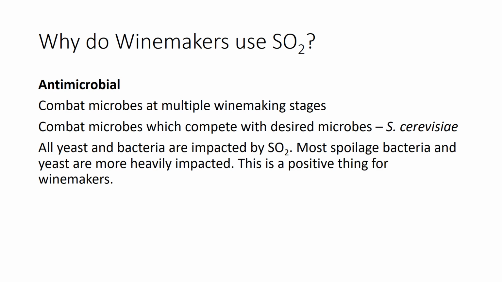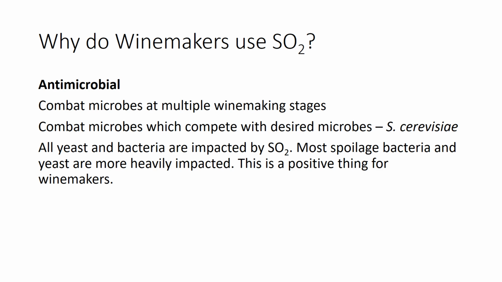So SO2 mainly is an antimicrobial compound. It combats microbes at multiple winemaking stages. Earlier in the process, it can also be used as a way of giving a competitive advantage to our preferred microbe, Saccharomyces cerevisiae. Really all microbes are impacted by sulfur dioxide.